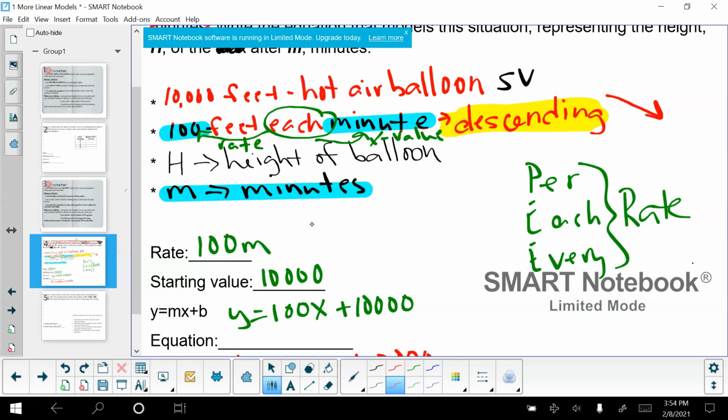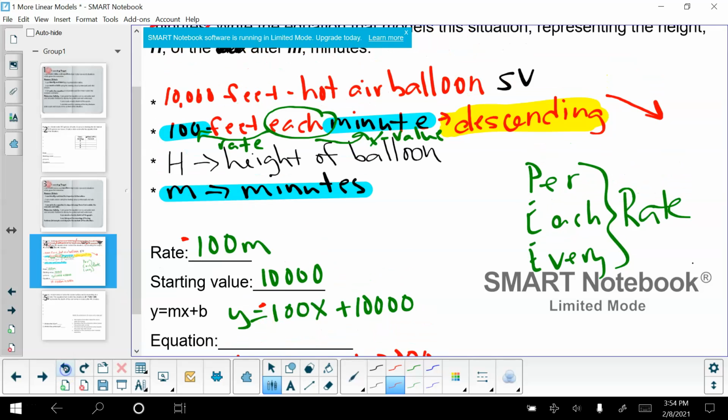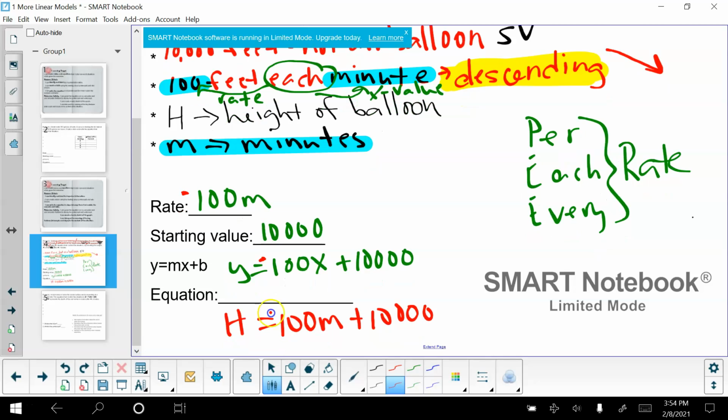So this 100 really should have a negative sign to indicate that it's going down. So I should really have a negative sign here, and I should have a negative sign... Whoops. And I should have a negative sign here as well to indicate that it's actually going down.